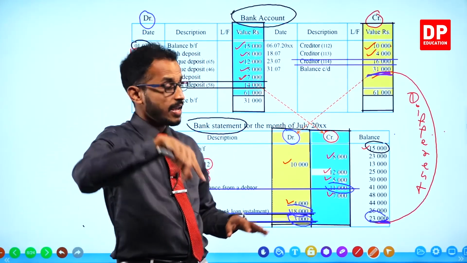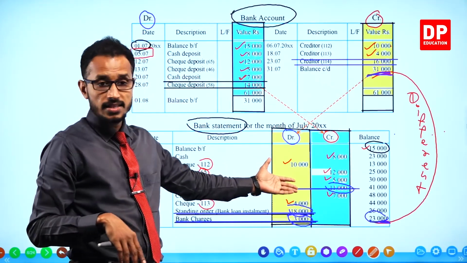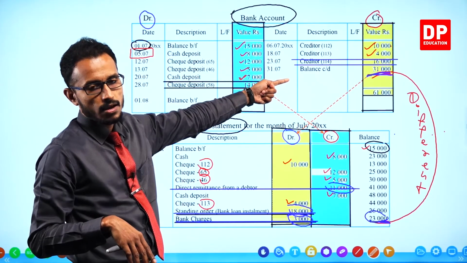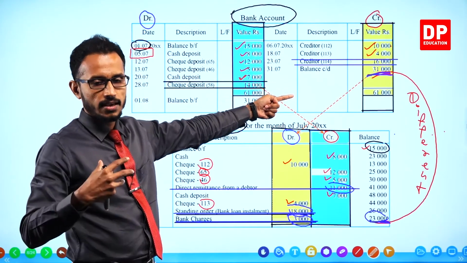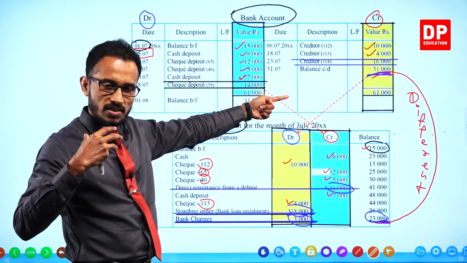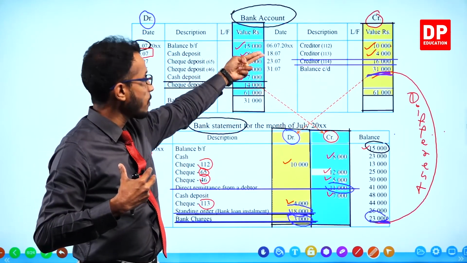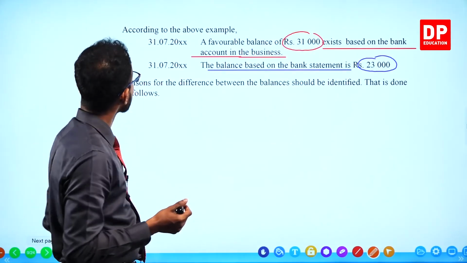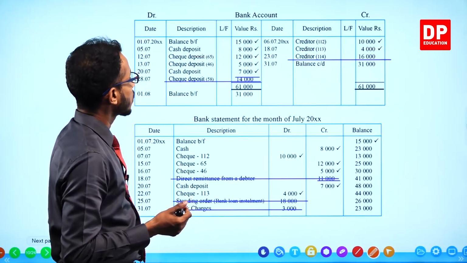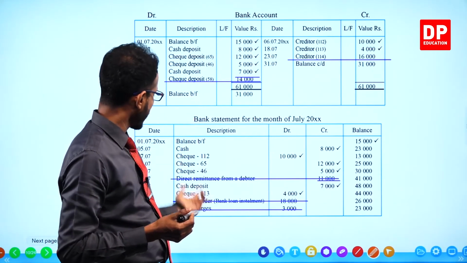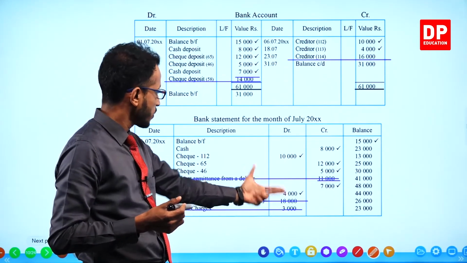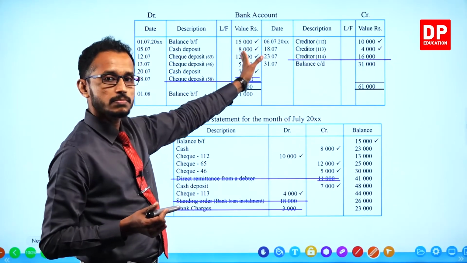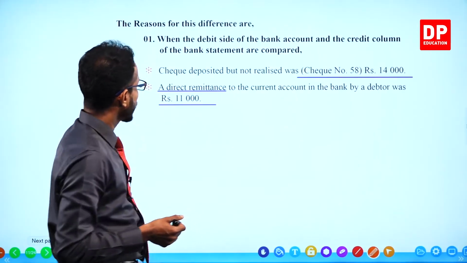Before you check and correct anything else, you first correct our side, what we prepared, our bank account. That's why these items which are missing in our bank account should be entered into the bank account.